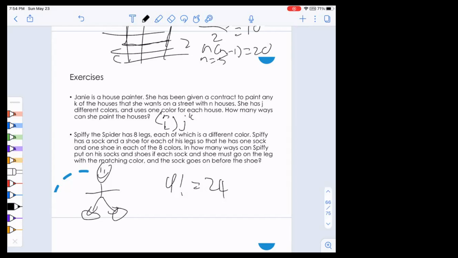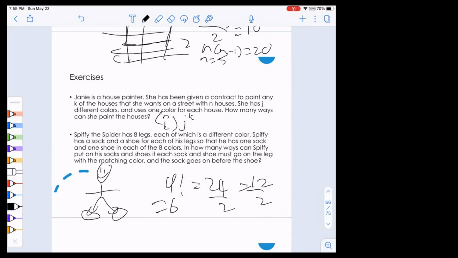That's exactly half of them, so we divide by 2, and that's 12. Now we need to find the ways she puts her right shoe on before the right sock. That's also one half of the ways, so we divide by 2 again and get 6. So for someone with 2 feet, there are 6 ways to do this.